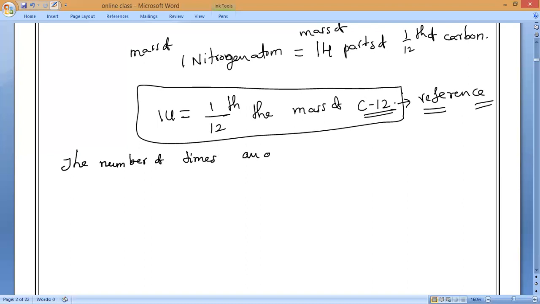The number of times an atom of that element is heavier than. I'm not saying anything else, only this statement alone as a sentence.